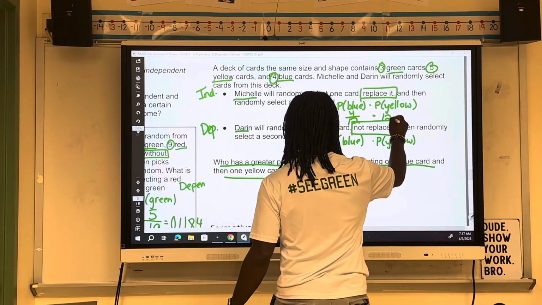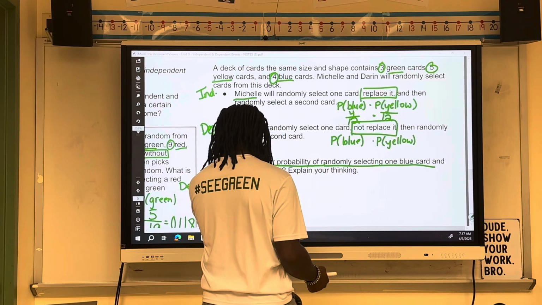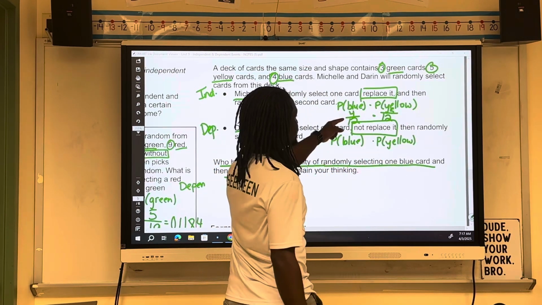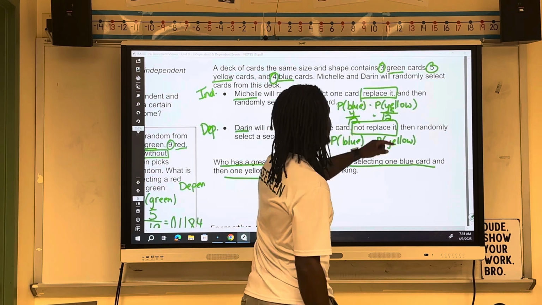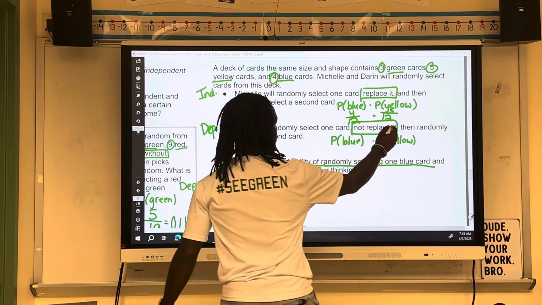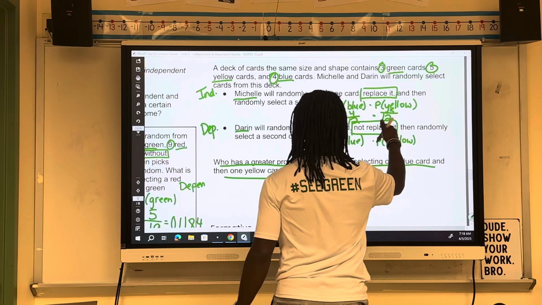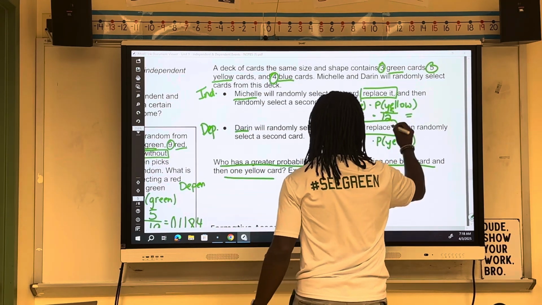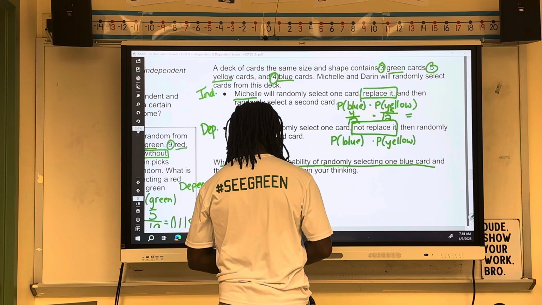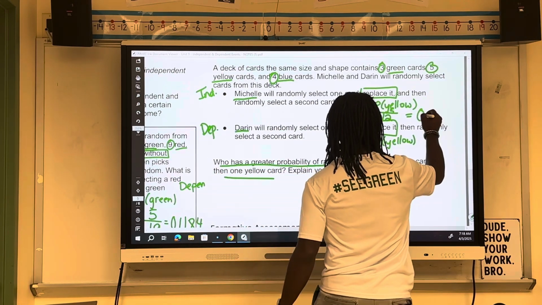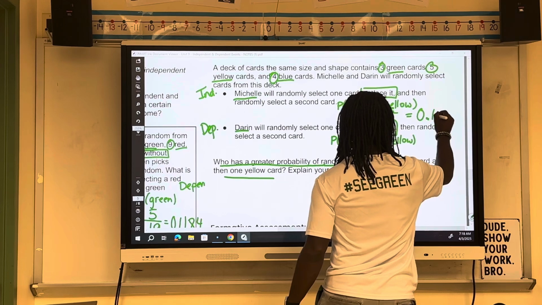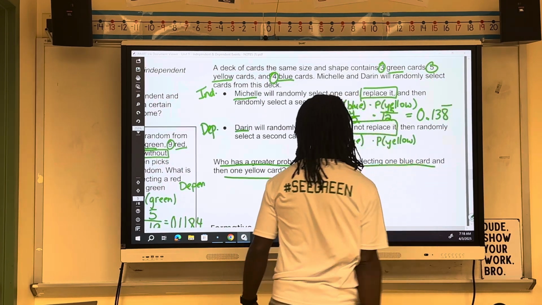I'm still gonna have 12 over, and I know this is getting jumbled. There's 5 yellow. Okay, so it's 4 over 12 times 5 over 12, and that's gonna give me 0.138, and then that 8 just repeats.